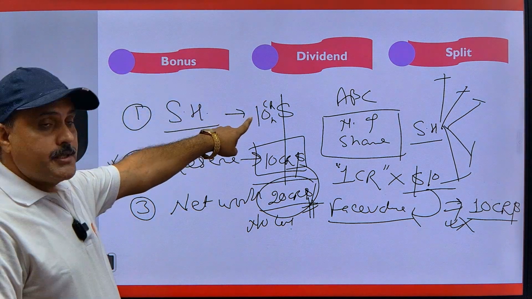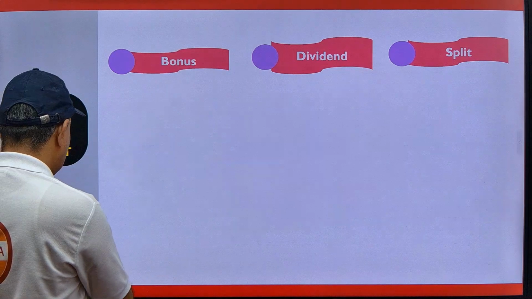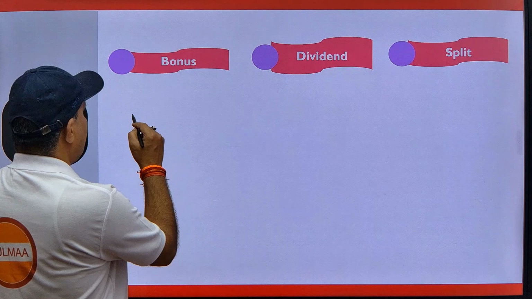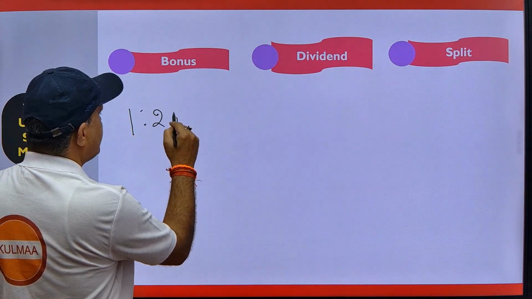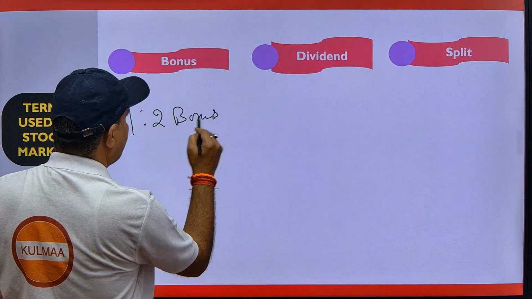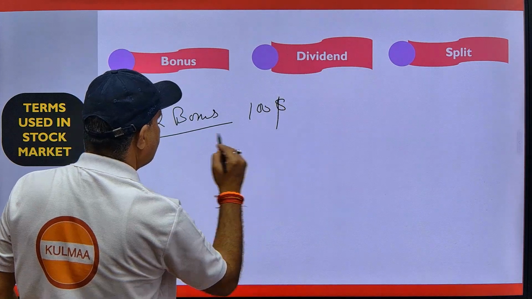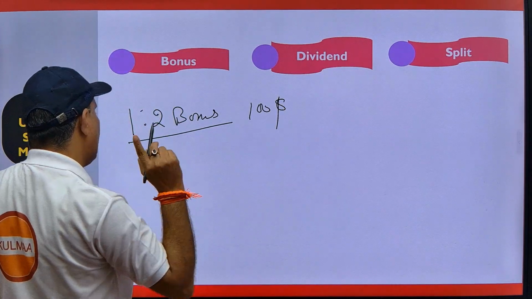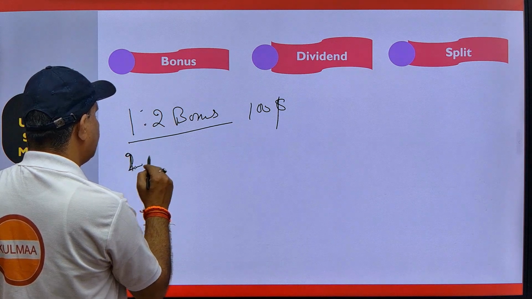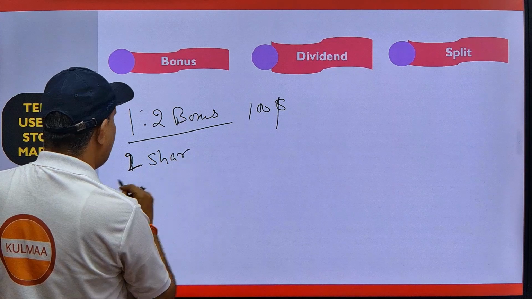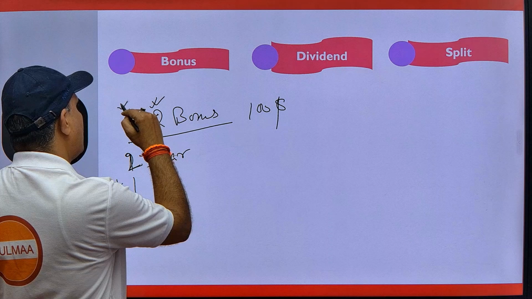They don't use this. That means if a company is going to announce a 1:2 bonus, and the company price was $100 at the initial stage, that means if we have two shares with us, then we will get one more share.